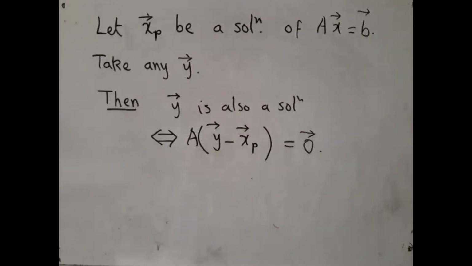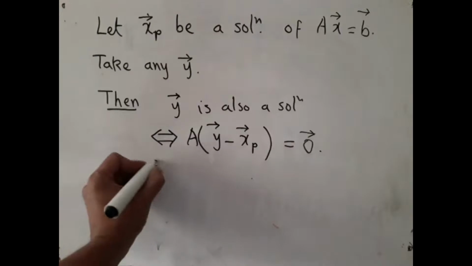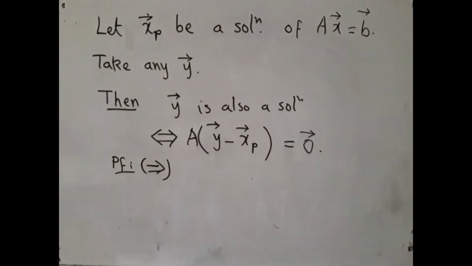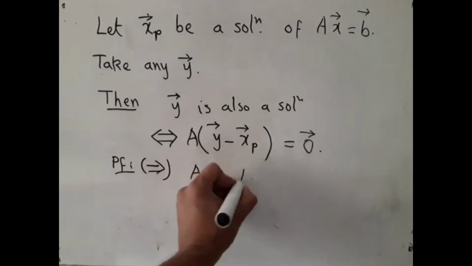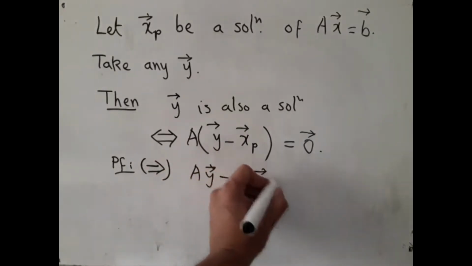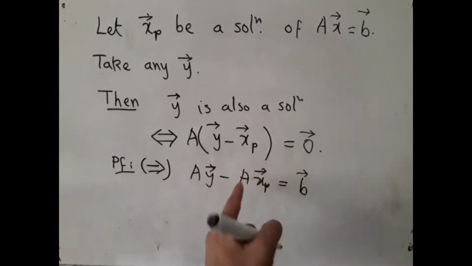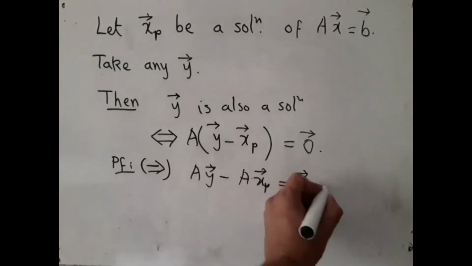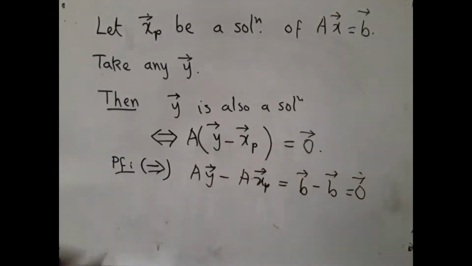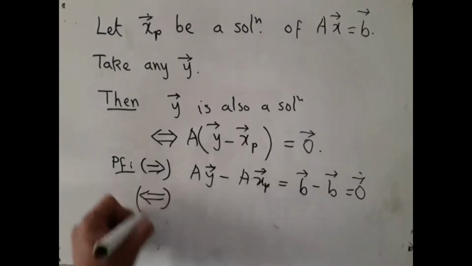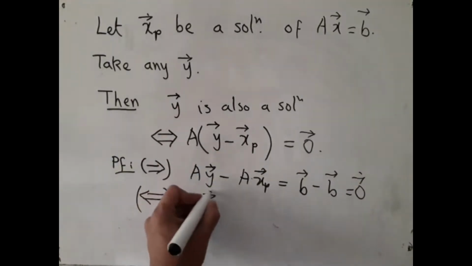Now, why is this result true? I will first prove this part. Suppose y is also a solution. In that case, this is Ay minus Axp, which, since y is a solution, is b, and we already know that xp is a solution, so this is also b, and you are left with 0 as required. On the other hand, if I give you this, then I am trying to show that y is a solution.